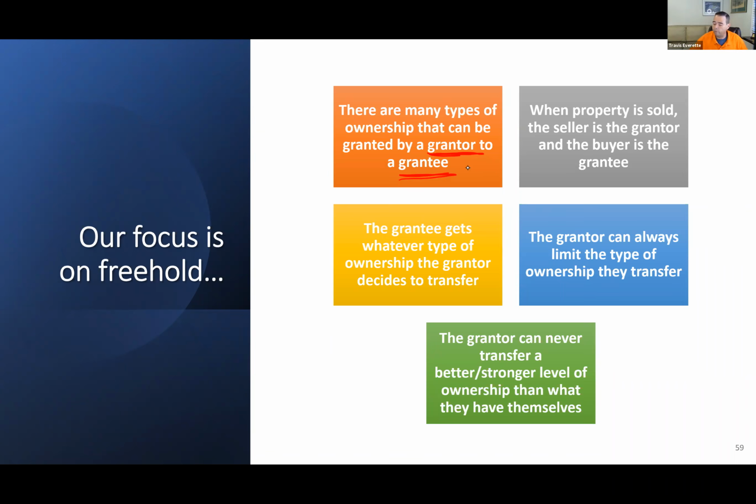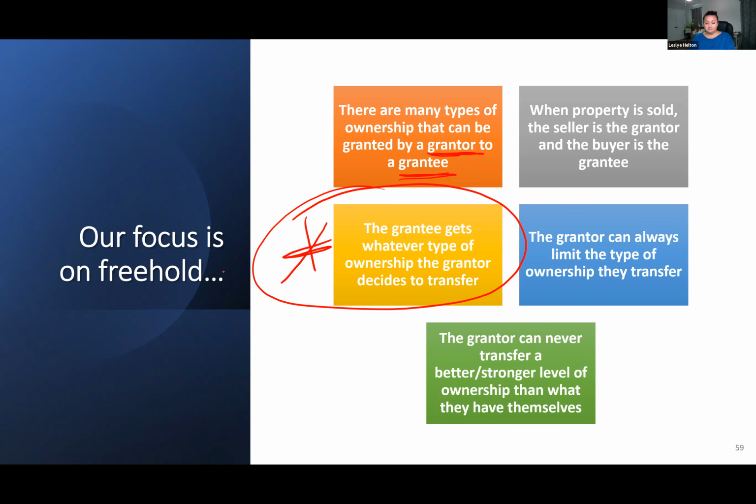Look at this statement right here. This is a really important statement right here. The grantee gets whatever the grantor wants them to have. I like that. Listen, I want you to think of the grantor as your mama making dinner and you're the grantee.